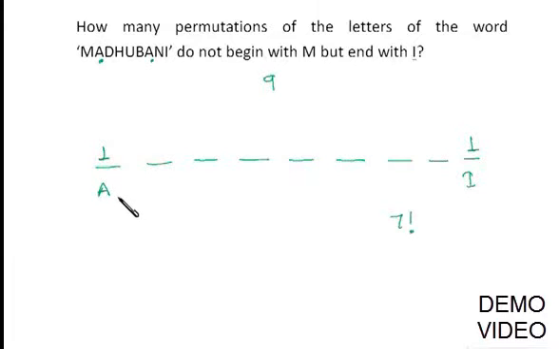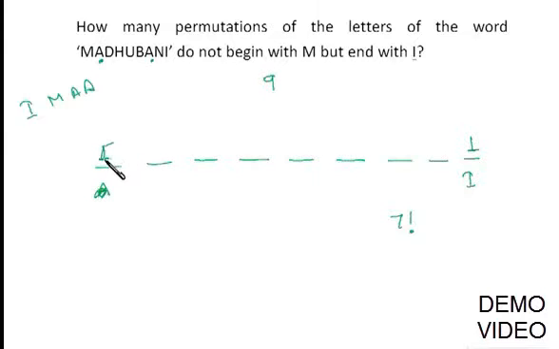Now the second case is if the first position is not occupied by A. See, I has gone, M cannot be there, and the 2 A's are not there, so we are left with 5 choices for the first place.